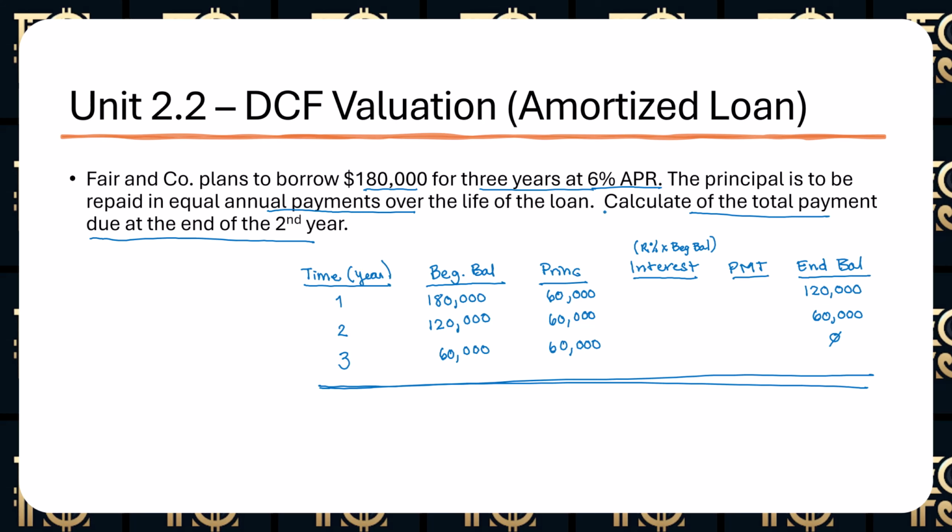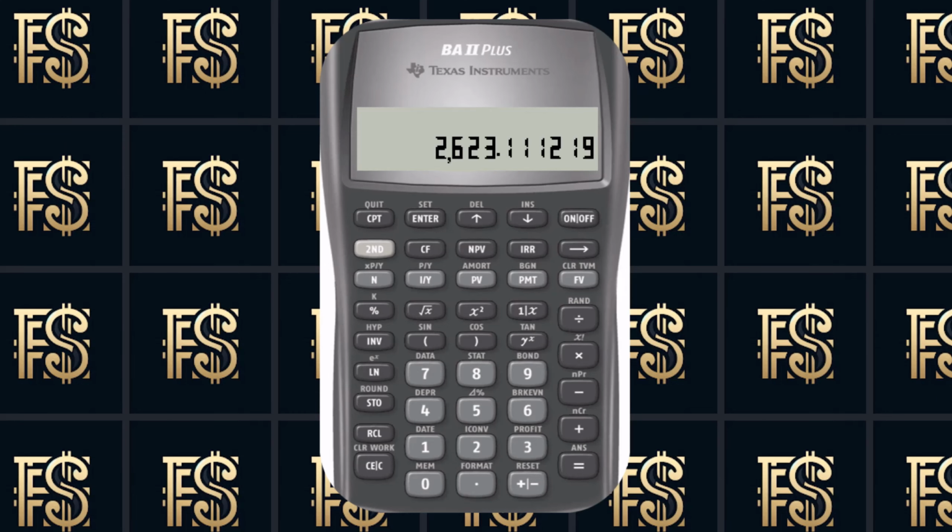With that being a 6% APR, you will have some interest that will accrue in each year that will make our payment greater than $60,000. Let's go ahead and use our financial calculator. We're going to take that $180,000, that's the beginning balance at the beginning of year 1, and we are going to multiply that by 0.06.